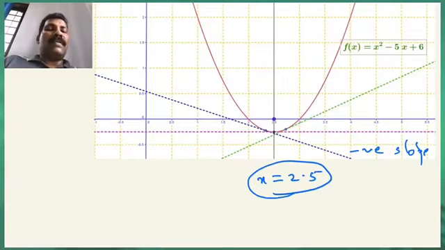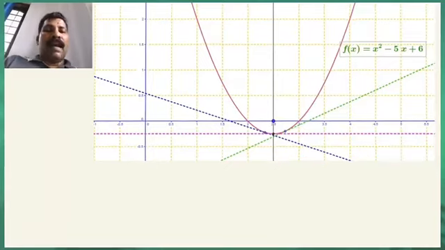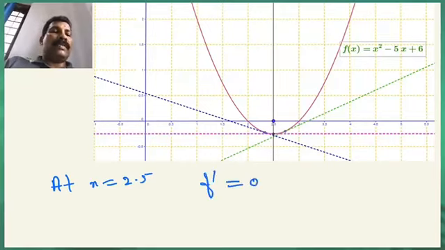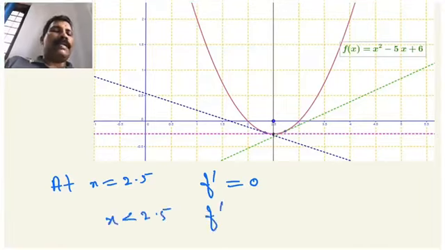So what is the conclusion here? We can see that at x equal to 2.5, we are having a horizontal tangent, which means the derivative is 0. And for the points slightly less than 2.5, if we consider the tangent, look at the graph, the blue colored tangent is having a negative slope, which means when x is slightly less than 2.5, the derivative is negative.